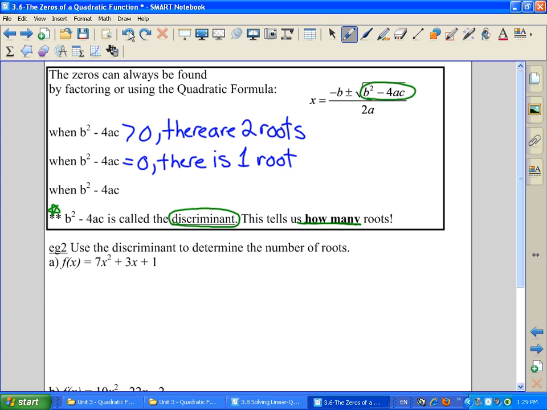Okay, and the last example, ladies and gentlemen, b squared minus 4ac, it's going to be less than 0. There are no roots. Okay, because it's negative, right? So it's the negative part. So it's really negative under that square root sign. All right, let's use this discriminant. And again, the discriminant is only used when you're given standard form to determine the number of roots.